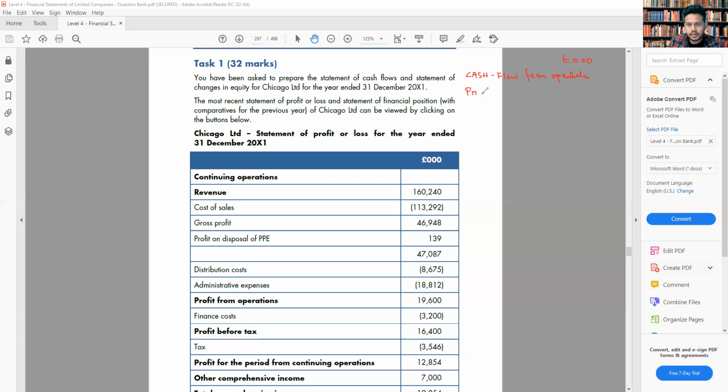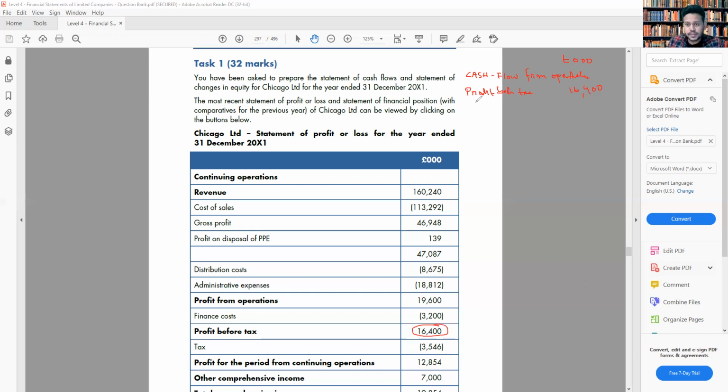The profit before tax figure we have is 16,400 from here. That's my profit before tax.